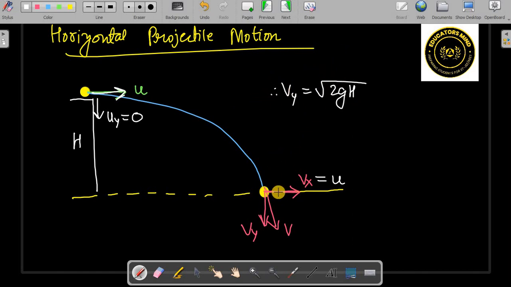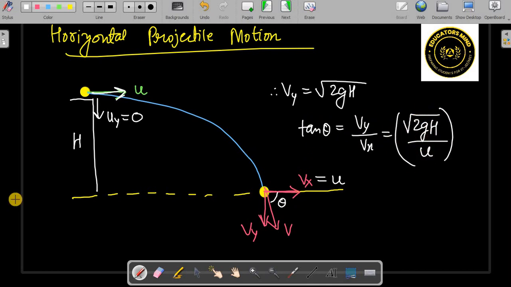Once you know that, we can also calculate this angle, let's say theta here. So tan theta we can calculate as vy by vx. Vy is root under 2gh and this is u. So we will be able to calculate this angle theta.